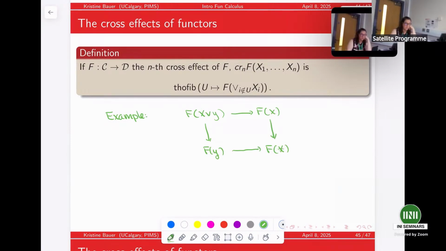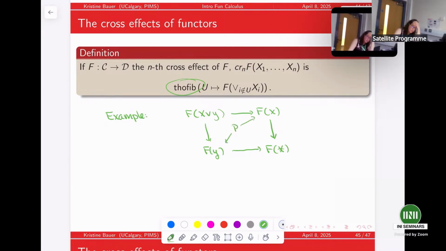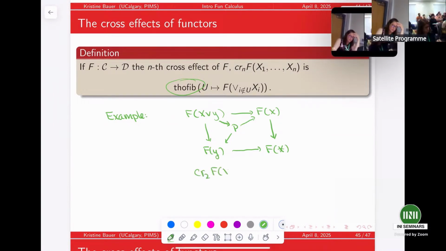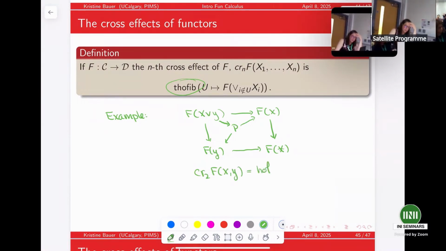There's a choice of how you describe the total homotopy fiber. So I'll just take the pullback of the diagram that I get when I delete the initial vertex. There is an induced map from f of x plus y to p. So my CR2 f of x y is just the homotopy fiber of that map.